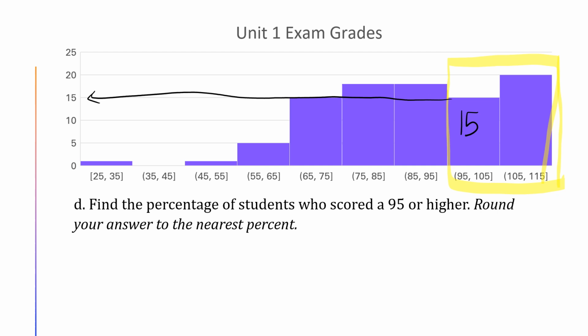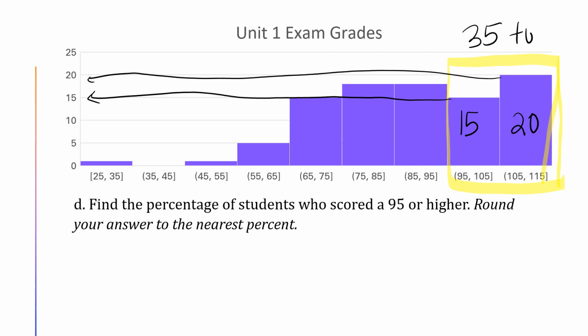And then between a 105 and a 115, there were 20 people that scored in that range. So we add those together. There's 35 total that scored a 95 or higher.